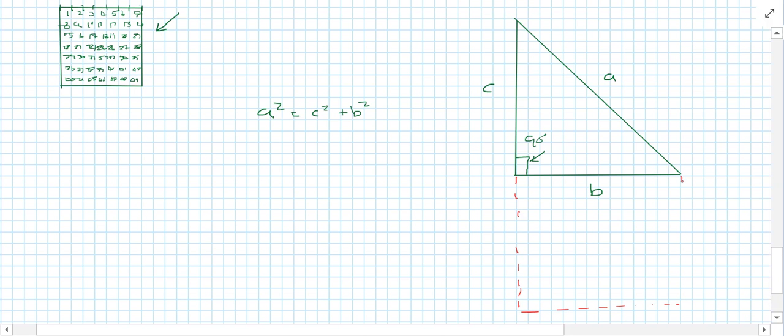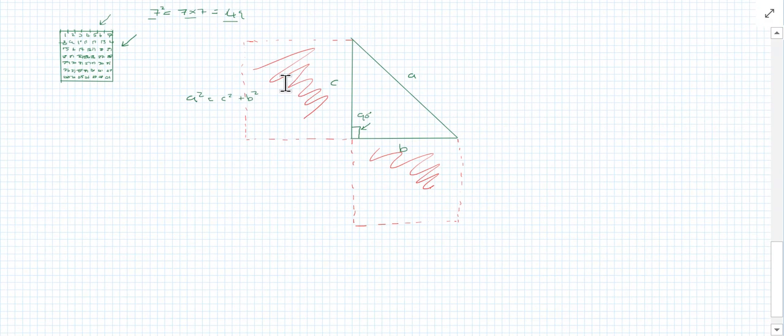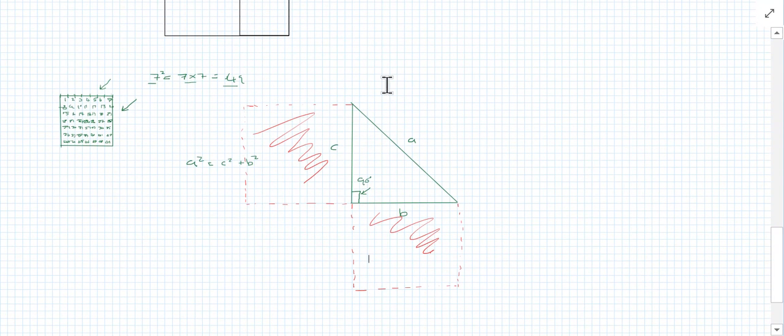This is not exactly the way that it is, but you make a square with this length and a square with this length, and then make a square with this length here.